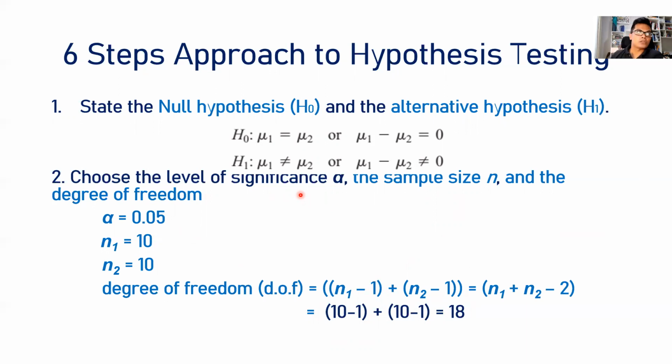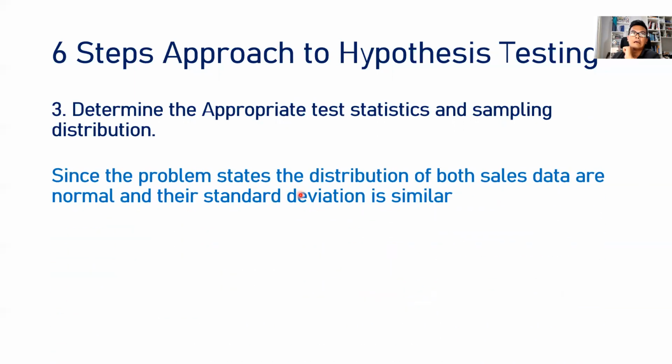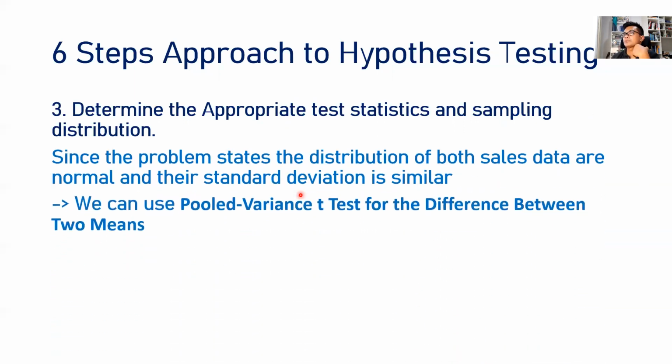Okay, so now we go on to the third step, which is to determine the appropriate test statistic and sampling distribution. In the problem set, there is a statement that we can assume that both populations follow normal distributions, and their standard deviations are similar. Thus, we can use the pooled-variance t-test for the difference between means.